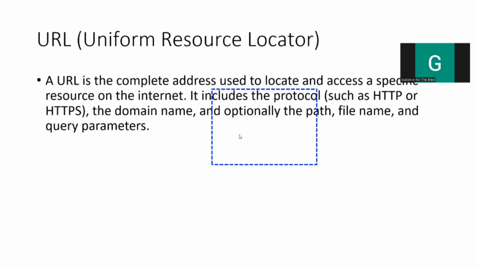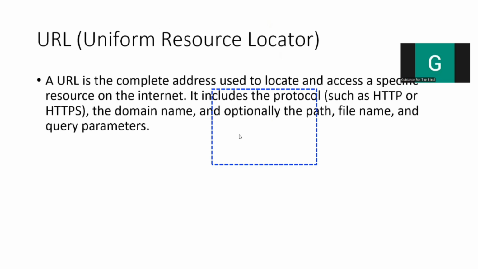If you were to search for guidance for the blind, it would be very difficult to find the website, since certain websites do not rank at the top for many reasons, because they might not be popular in comparison to other websites. So links are basically the web addresses of any websites.